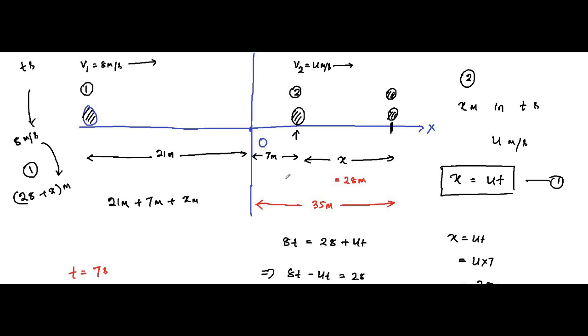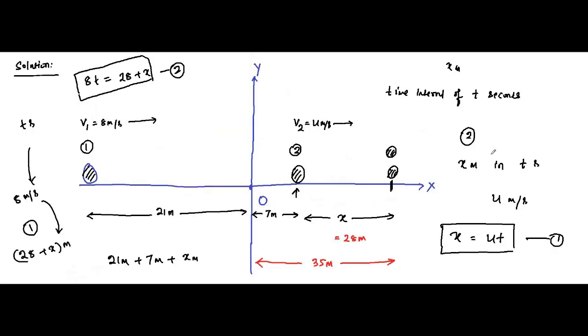So we assumed that they met after a time gap of t seconds with a gap of x meters from the initial position of particle 2. Particle 2, travelling with uniform velocity 4 meter per second, covered 4t in those t seconds.